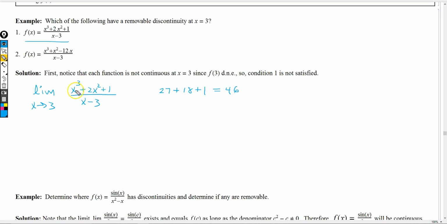So the top is approaching the number 46. The bottom, however, is approaching 0. 46, of course, is non-zero. This limit has no hope of existing. So no, this function does not have a removable discontinuity at x equaling 3. The limit is not going to exist. So number 1 has a non-removable discontinuity.